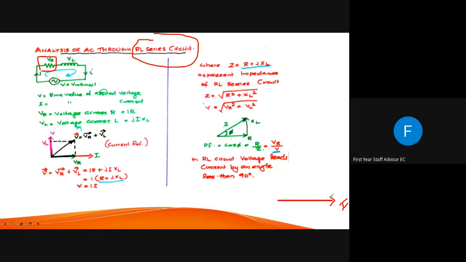So current is my reference. Now, considering current as a reference, where do I have to draw the voltage phasor of the resistor? It is in phase, correct? So I have to draw the voltage phasor on the current phasor.